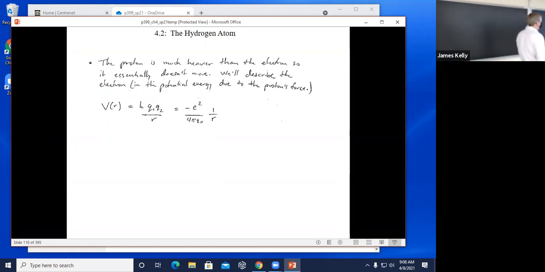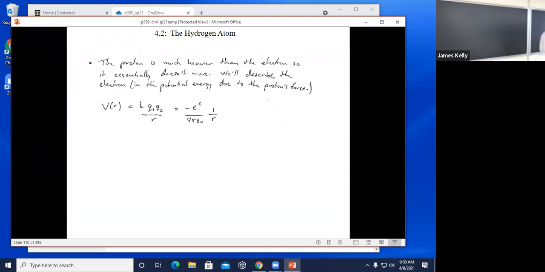So here we're talking about the potential energy between an electron and a proton. That's a hydrogen atom, right? And we're going to pretend, this isn't exactly true, that the proton is about 2,000 times as massive as an electron. So when the electron's orbiting, the proton doesn't move much classically.